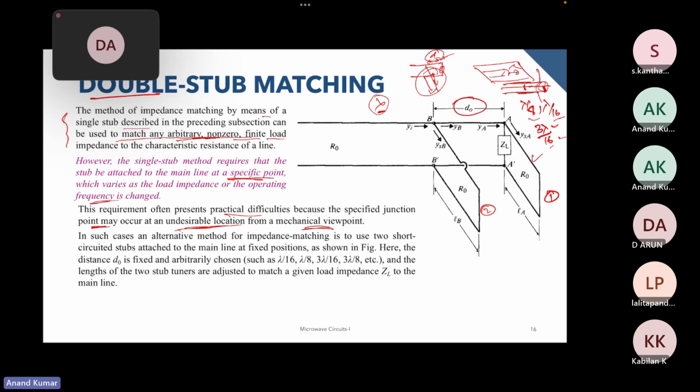So in such cases, we introduce this technique called double stub matching, where we have two stubs, and once we have these two stubs, we have to calculate LA, LB, and this d naught. But as a standard practice, this d naught we decide beforehand, and then based on this d naught, we calculate LA and LB.